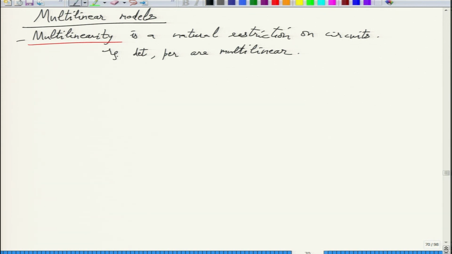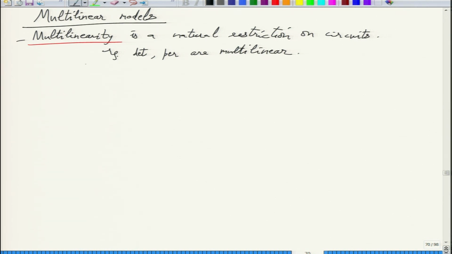So you can ask the question that if the final polynomial is multilinear, would it help if we used non-multilinear monomials inside the circuit? Right? Maybe you can get a circuit that does not use x square, for example, at all.